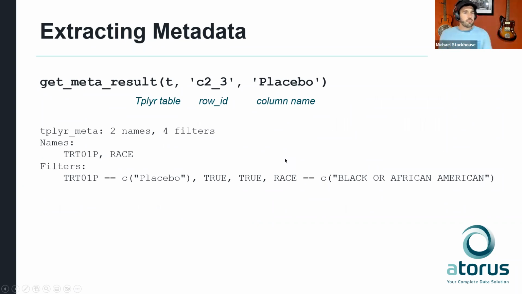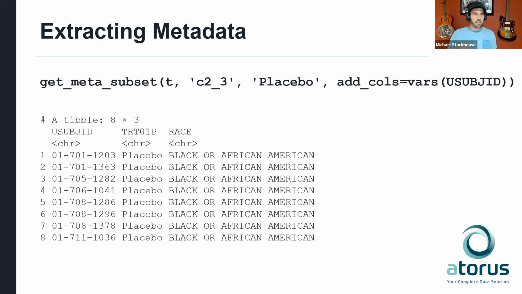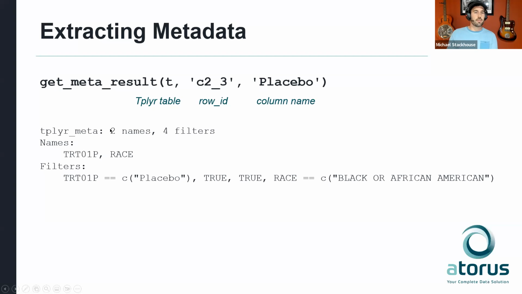So the tplyr meta object gives us that information, but that might not be exactly what you're interacting with when you want to work with this yourself. So if you want to extract the metadata and get the subset of that data to go directly back to the source and say, I want to grab this from the target and give me that smaller square of the data that I want to look at, get meta subset has the same exact API that we have available there, and then it's going to go and carry out the select and filter statements necessary using the tplyr meta information.